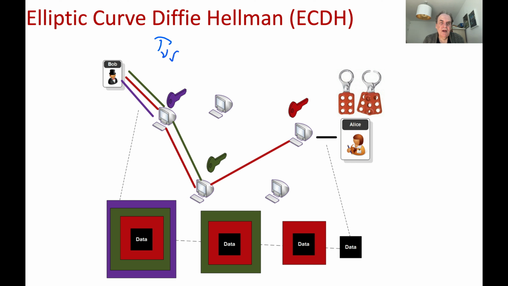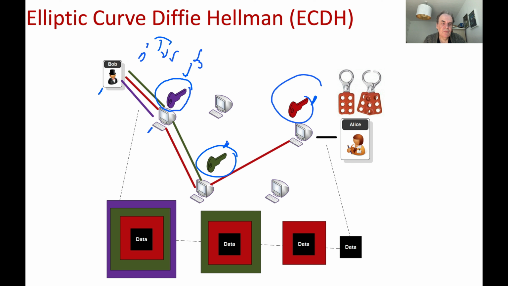In this case, we have a key pair for each node in the Tor route, and then using elliptic curve Diffie-Hellman, Bob can negotiate a key for this node, a key for this node, and a key for this node. This is a symmetric key, such as AES.